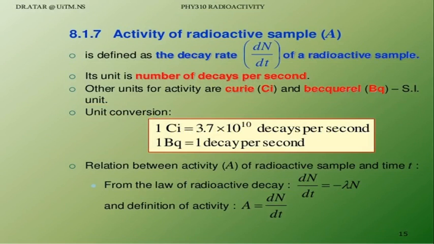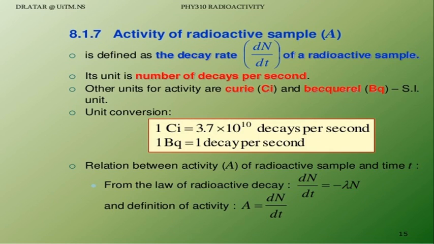So we had said decay constant or disintegration constant, and we know that the disintegration will take place as the time passes. So the number of disintegrations per second of a radioactive sample is called activity, or we can simply define it as the decay rate of the radioactive sample.